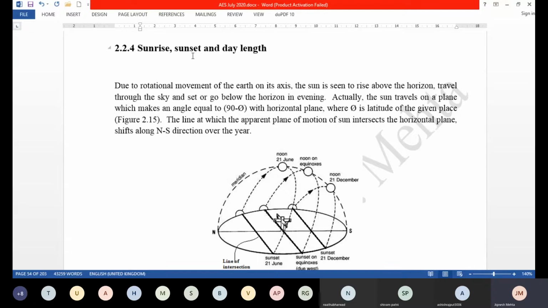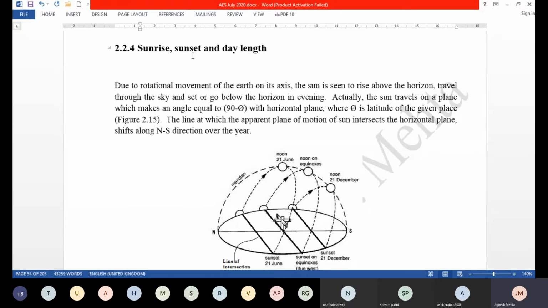For a particular day in winter, let's say you take 1st of January, and try to find the zenith angle at a particular time. Let's say you take 12 hours, that is noon. You will find that in winter, the altitude angle will be lower and your zenith angle would be higher even at the time of solar noon.